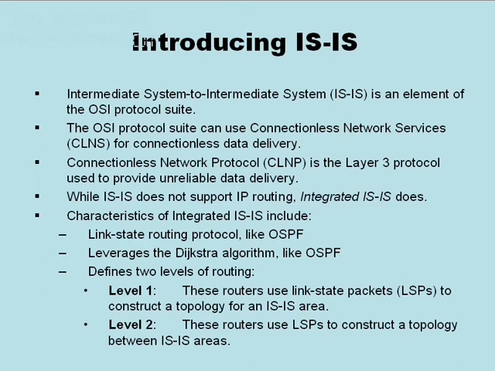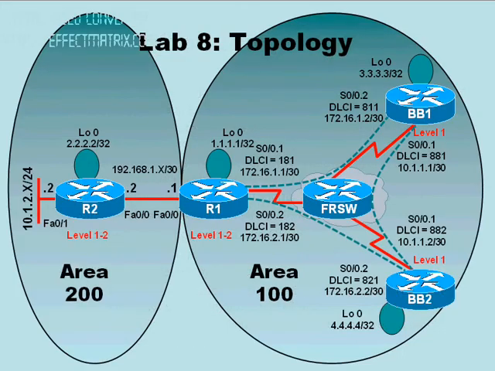And by the way, when we're setting up our integrated ISIS configuration, that is the default router type, a level 1, level 2 router. Let's review the topology that we're going to be working with. When we think about these ISIS areas, it differs somewhat from the way that we think about an OSPF area.